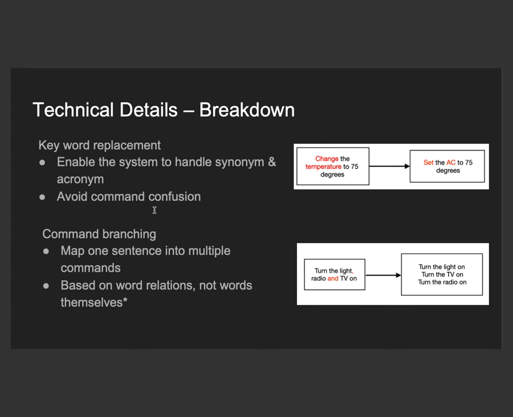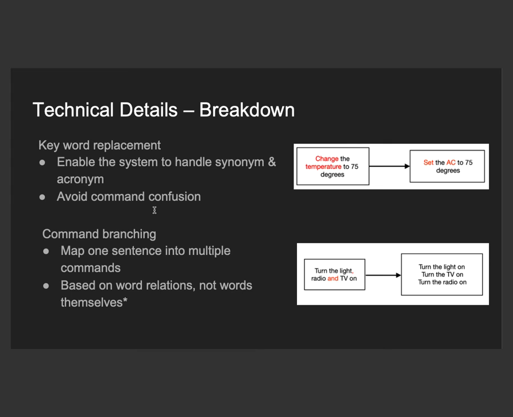And next is keyword replacement. This is a self-designed file that maps whatever verb or noun we find to a specific appliance. For example, we have "change the temperature to 75 degrees." Then we can see that "change" is closest to a command in our predefined command set, and "temperature" is closest to the appliance air conditioner.